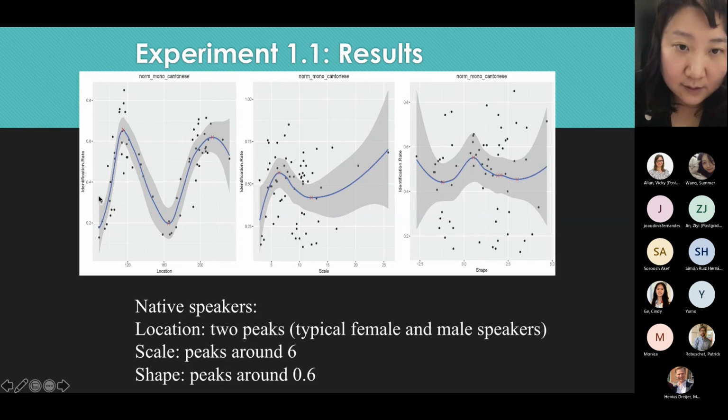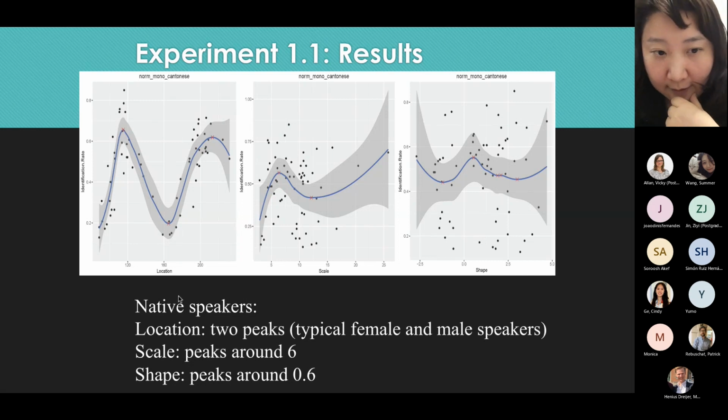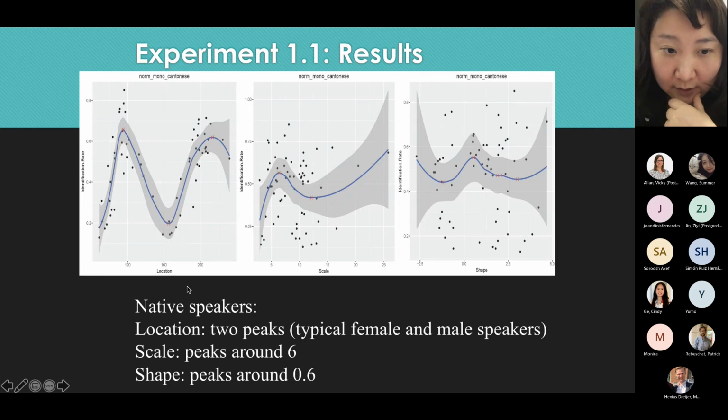But if the curve goes up and down, then there are some optimal values at which the speakers tend to judge that this is, say, the mid-tone. That means these parameters actually contribute to identification. So that's what we did for both native speakers and non-native speakers.